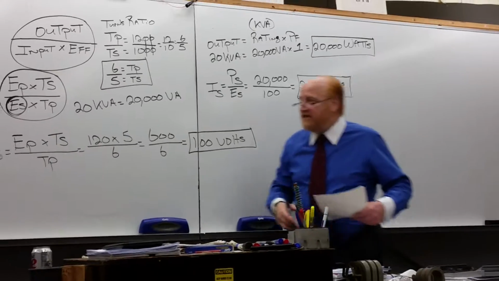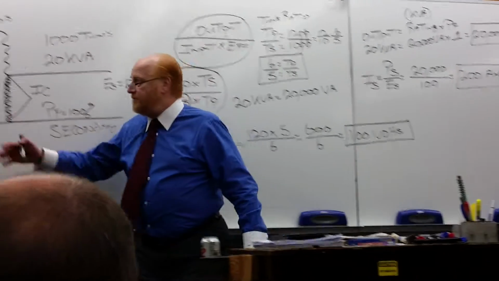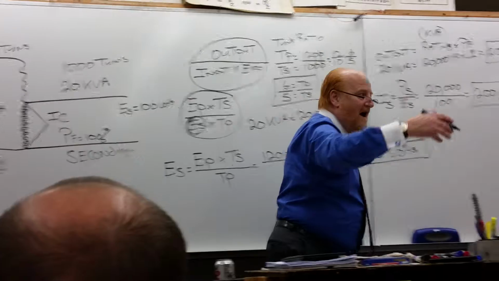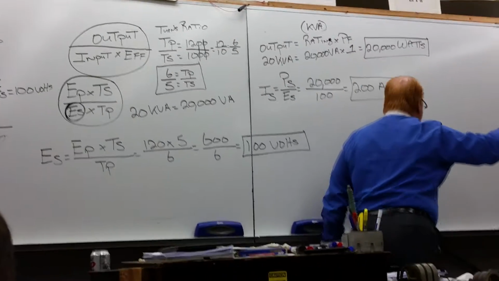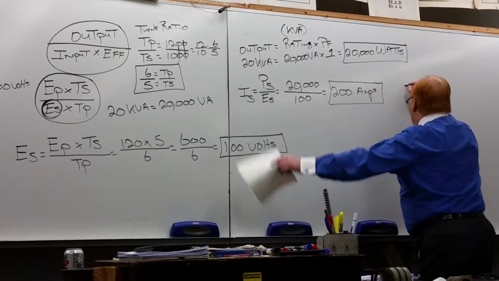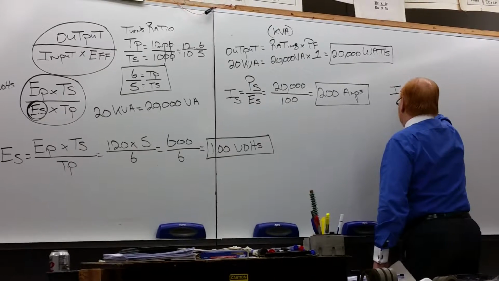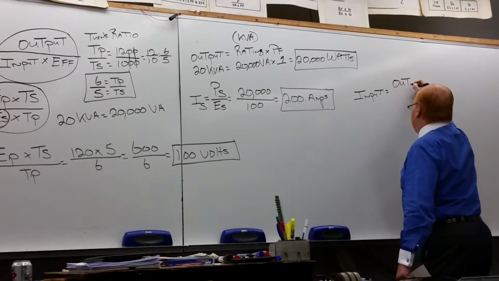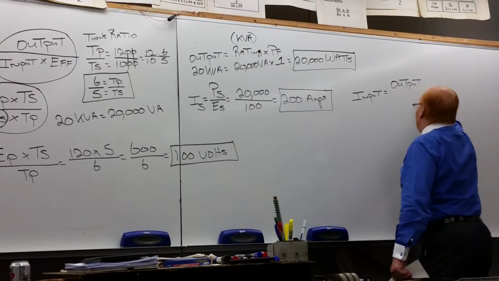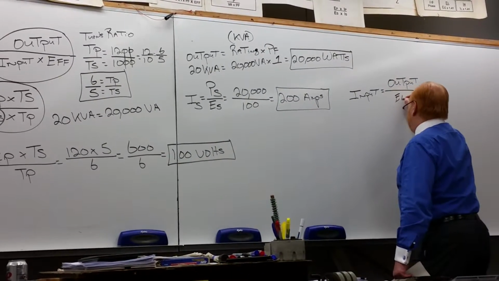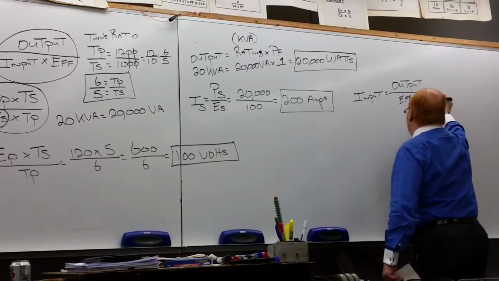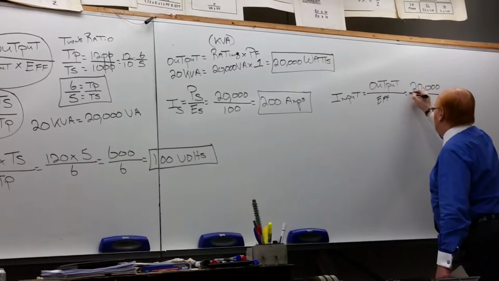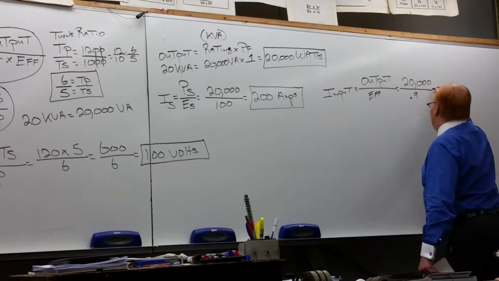They gave us the efficiency on the primary side. We can find the power, or the input, by taking the input equals the output over the efficiency, or in this case, 20,000 over 0.9.